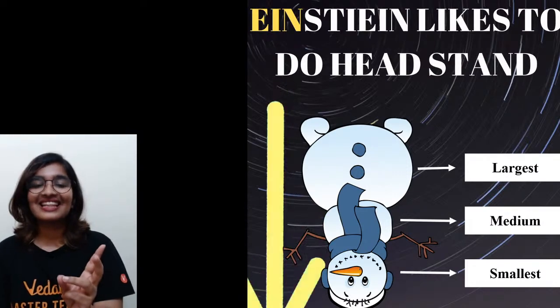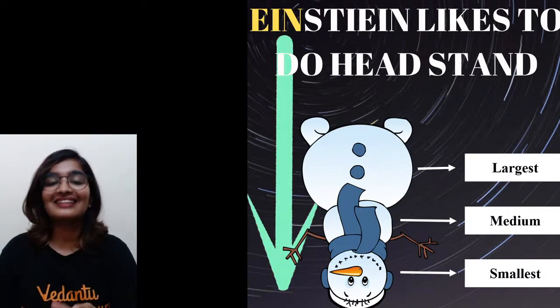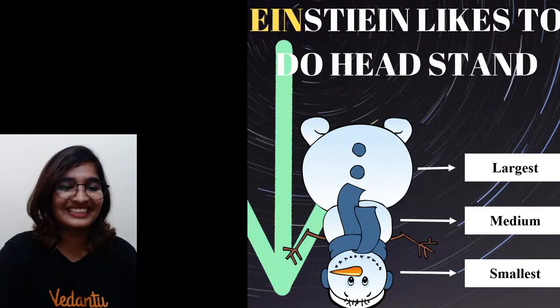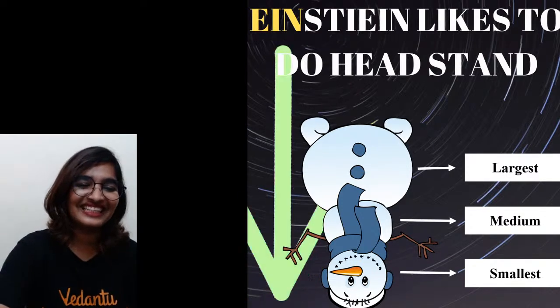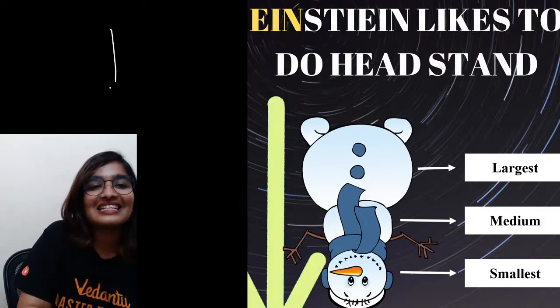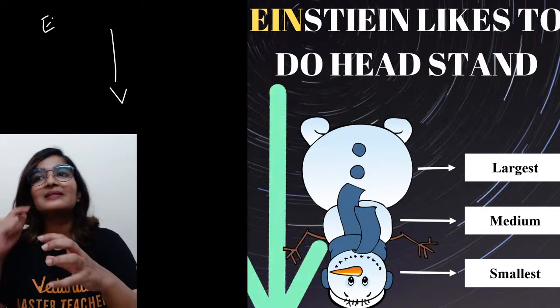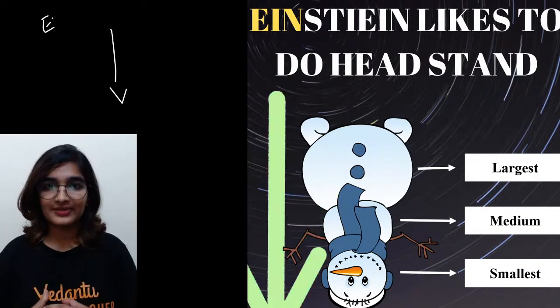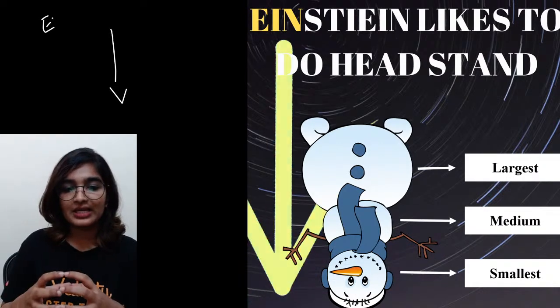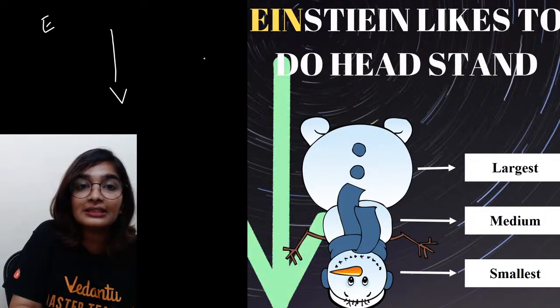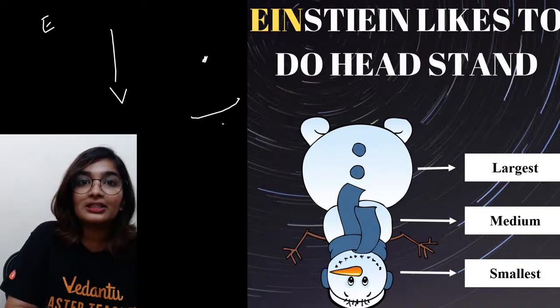Electronegativity, ionization enthalpy, and non-metallic character all decrease down the group. That is because with the increase in atomic size, gaining an electron becomes very difficult. The nucleus is here, the outermost shell is there.